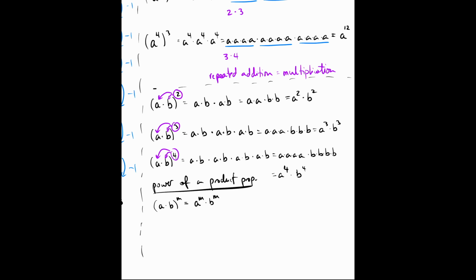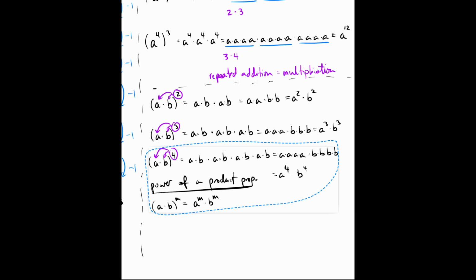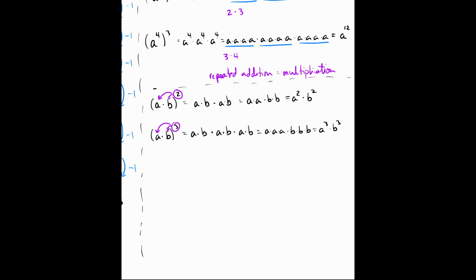So let me make a little bit more space. Let me erase this. Make a dotted line. What if we have a division raised to the second power? Well, same kind of idea.